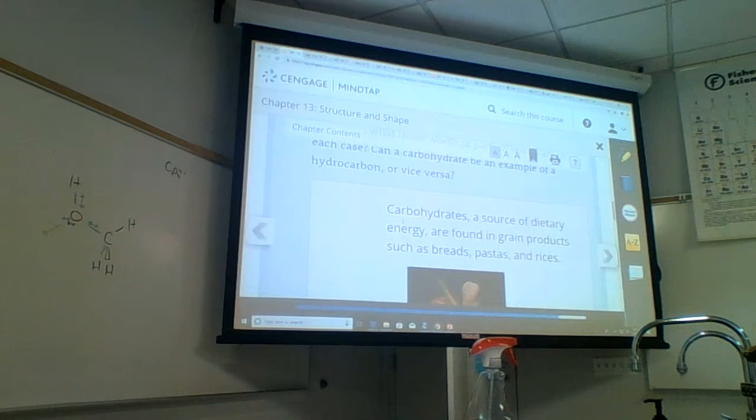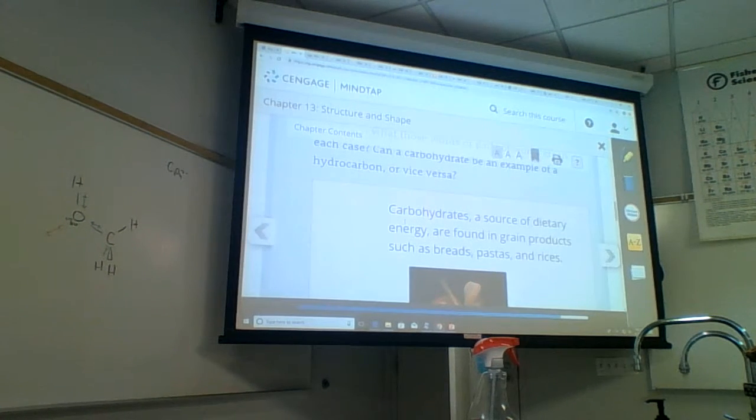C12H22O11 is the formula for table sugar. What's the hydrogen to oxygen ratio in table sugar? Look at the hydrogen to oxygen ratio. 2 to 1.